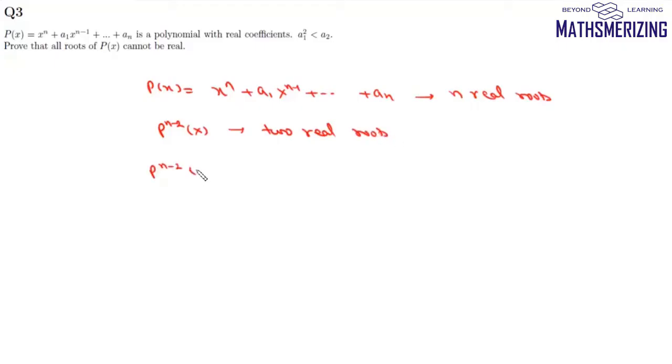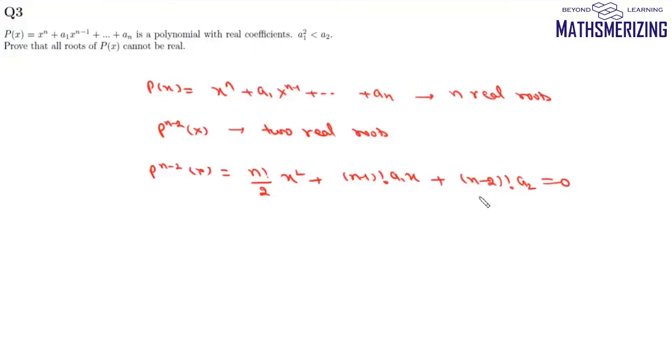If we differentiate it n-2 times, we can write this as n!/2 x^2 + (n-1)! a1 x + (n-2)! a2, and it is equal to 0. So this equation should have 2 real roots.